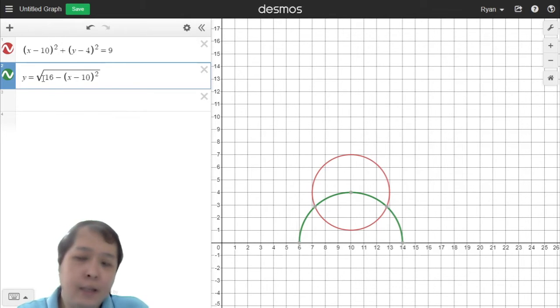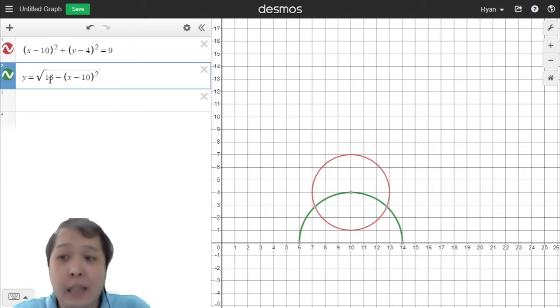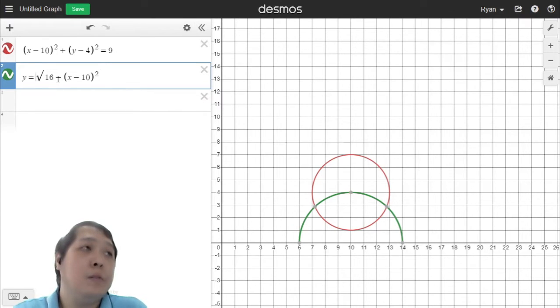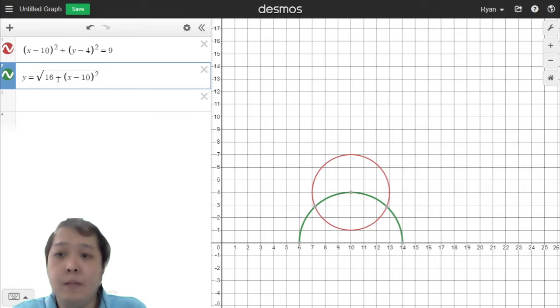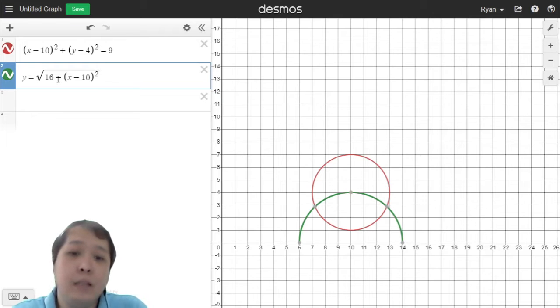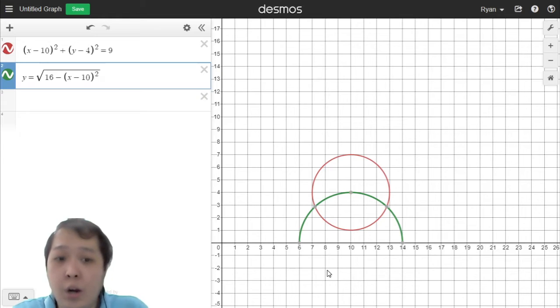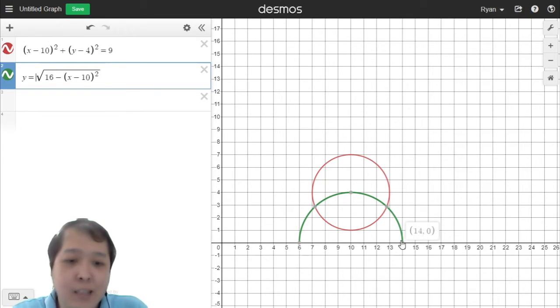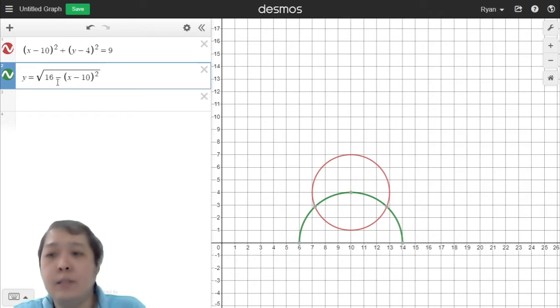Look at the equation, the y will never be negative, because the square root of any number will never be negative. It's going to be 0 or any positive number. That's why the bottom part of the circle is gone. But 0 is still possible, because the square root of 0 is still 0.